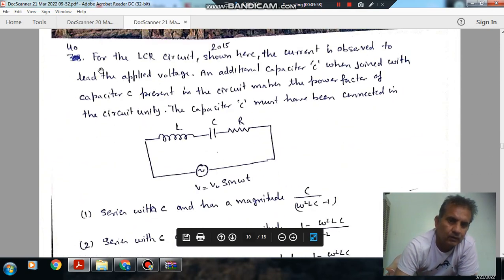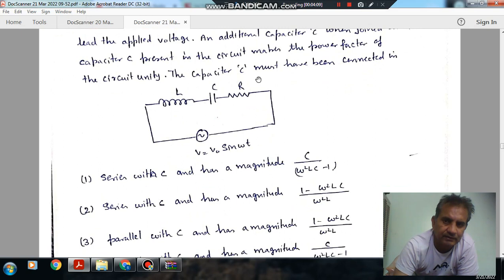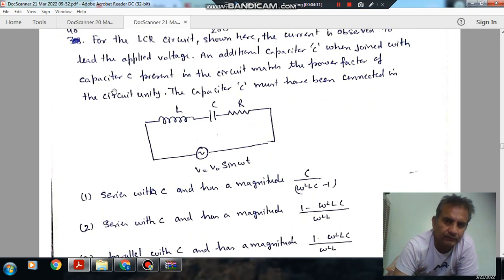Next, for the LCR circuit shown here, the current is observed to lead the applied voltage. An additional capacitor C', when joined with the capacitor C present in the circuit, makes the power factor of the circuit unity.